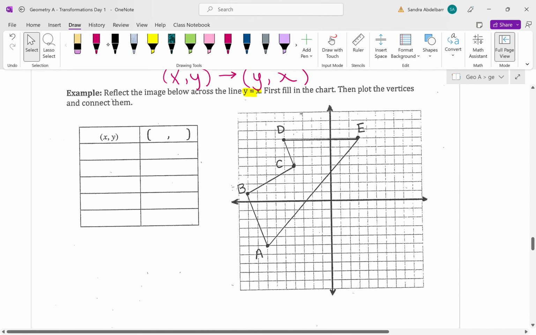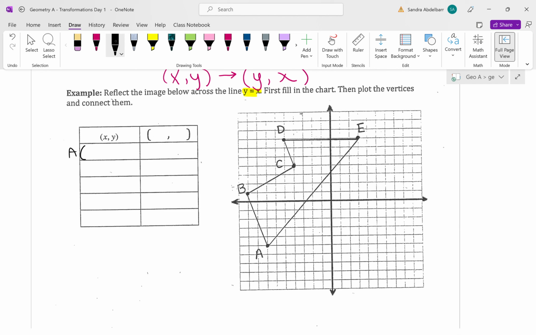All right, so let's list out these coordinates. We have A, which is the point negative 7, negative 5. Now let's talk about B. For B, we are negative 9, positive 1.